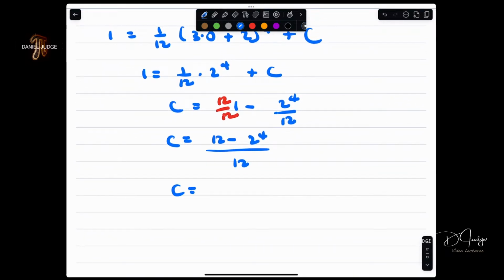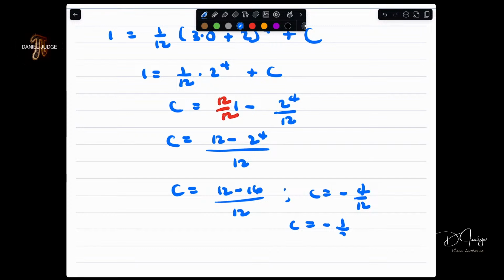And I know it's pretty early here, so let's figure out what 2 to the 4th is, right? 16, I guess. Hopefully we're okay. So negative 4 over 12. C is negative 1/3. So hopefully we get negative 1/3 for c.